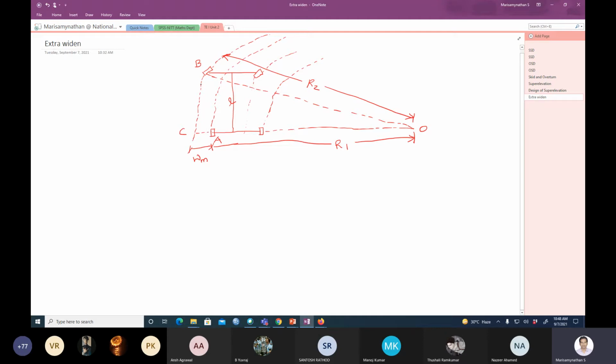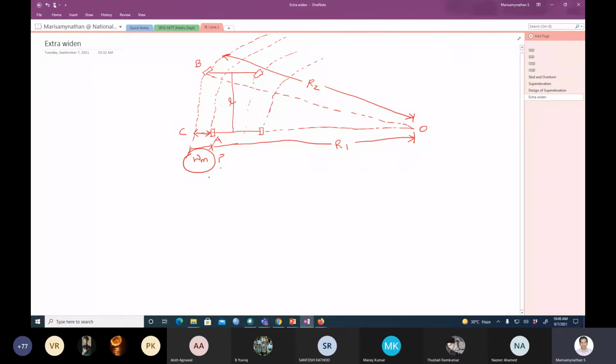Obviously the back wheel won't follow the same path. So this is the path which the rear wheel follows. The difference between their paths is considered as the mechanical widening. That difference we have to provide on the field as extra pavement width. So this Wm needs to be estimated during the design before implementing it in the field.